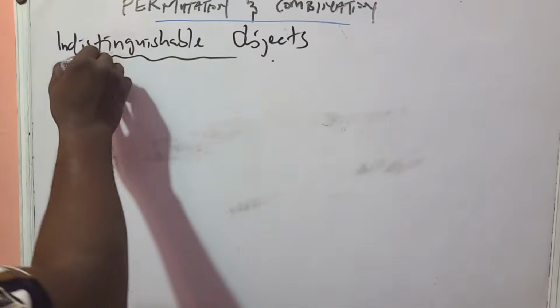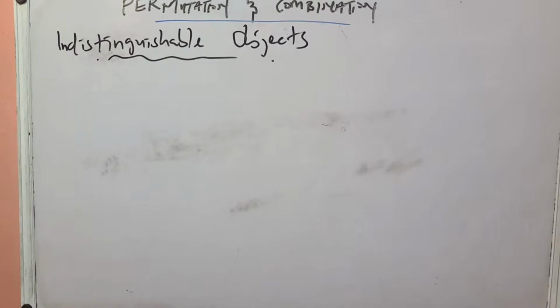I told you yesterday that under permutation and combination, we look at the subject matter as object. So sometimes we may be talking about people, sometimes places, objects, things, whatever, but we always generalize them using the word object. So what do we talk about when we're dealing with indistinguishable objects?